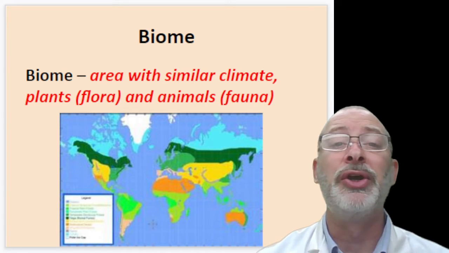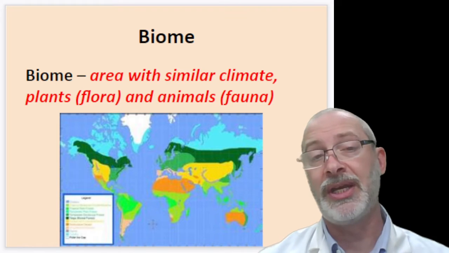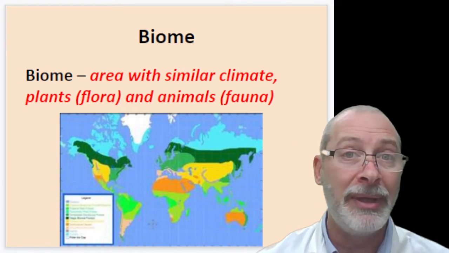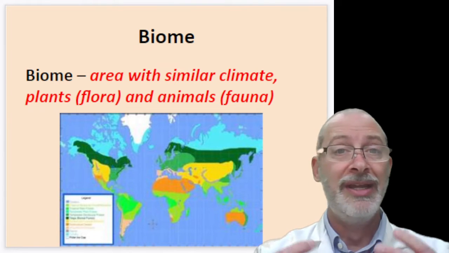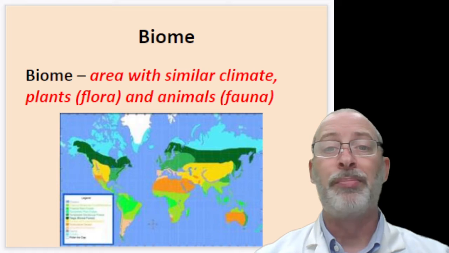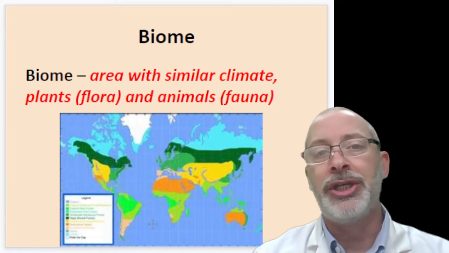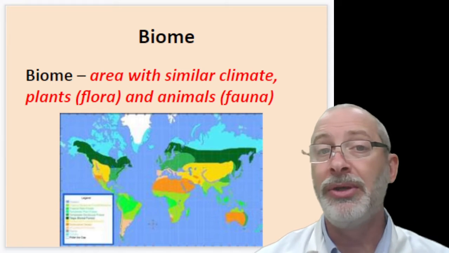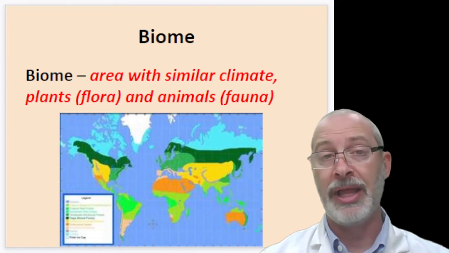And more specifically, biomes can be described not only as where plants and animals live, but an area where there is a similar climate. Over the last couple weeks, we've been studying weather and climate, and we know that there are different parameters, different variables that exist around the Earth that produce certain climate regions that are similar around our planet based on their location on planet Earth.